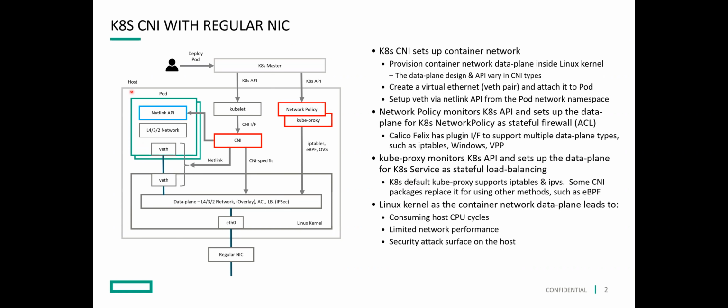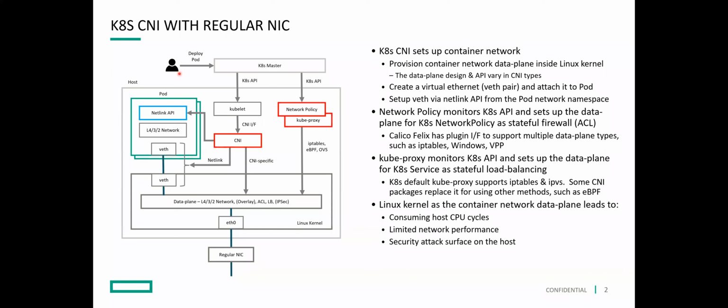And this gray box represents the host as the Kubernetes worker node, which connects to a regular NIC, providing one or a few NIC interfaces to the host. And this NIC interface is shared by multiple pods, and the Kubernetes controllers are running on the host.